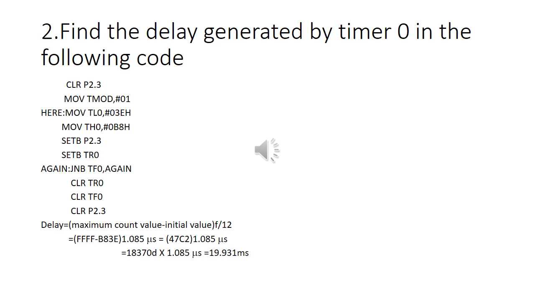We'll assume the crystal oscillator frequency is 11.0592 MHz. 12 divided by 11.0592 MHz is equivalent to 1.085 microseconds. If you simplify this, the result will be 19.931 milliseconds. This is the delay generated by this timer 0 subroutine program.